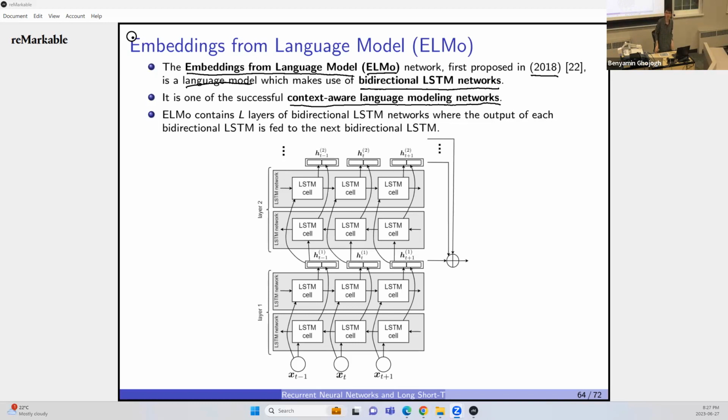They were not context aware. So they were not really looking at the other words in the sentence for finding the embedding. What do I mean? For example, the word bank. It has only one embedding in word2vec. However, bank might have different meanings. One of them is money is in the bank.